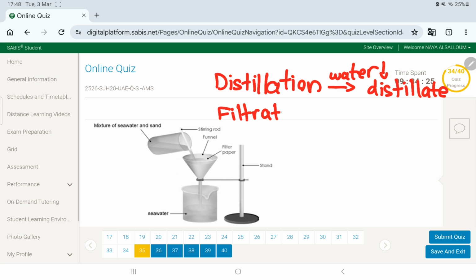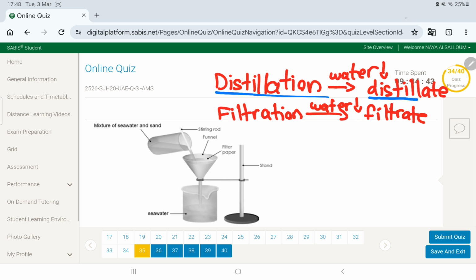Filtration, the water that goes down is called the filtrate. Okay, did you notice here? Distill, from the name distillation, and it ends with ATE. Also here, filter, from filtration, and it ends in ATE.